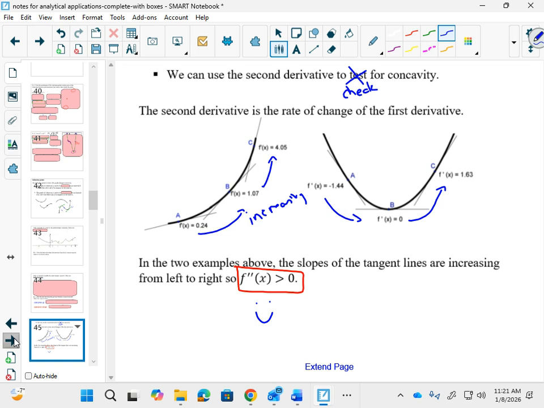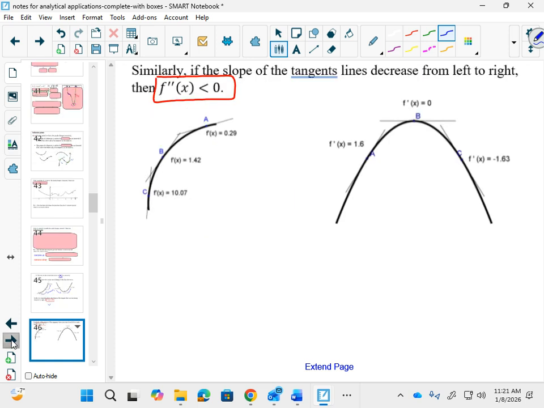And the second thing is, I should do it even in red. Notice your slopes are getting smaller. They are decreasing.